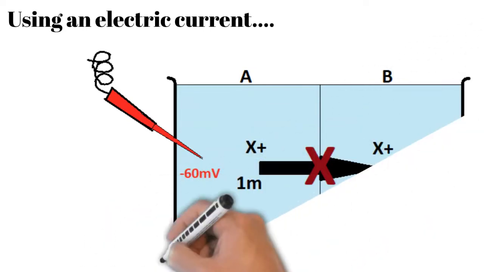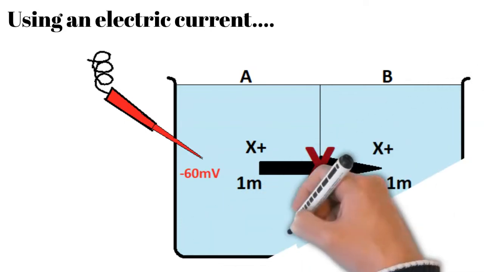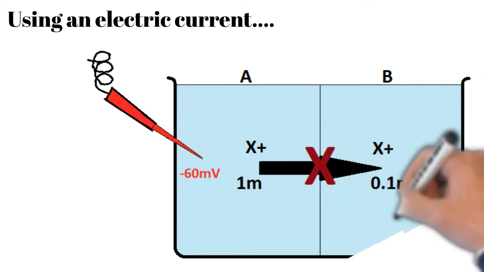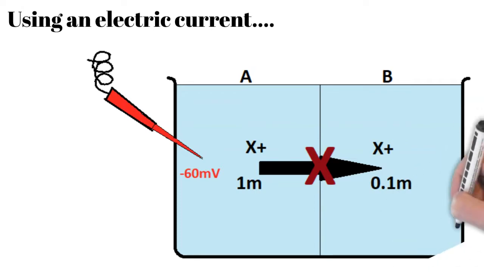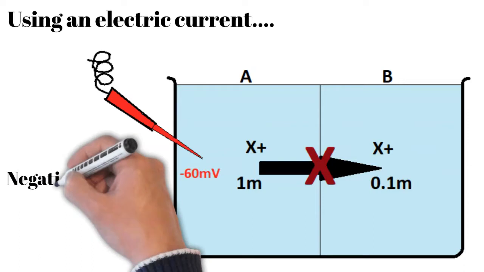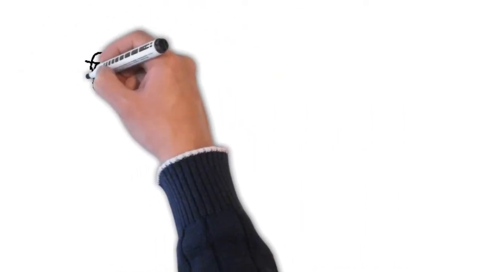Now, let's go a step ahead. We have just determined that if we use a voltage of minus 60 millivolts on side A, we can prevent diffusion of excess cation X from side A to side B. But what happens if we use a voltage which is slightly more negative than minus 60 millivolts?